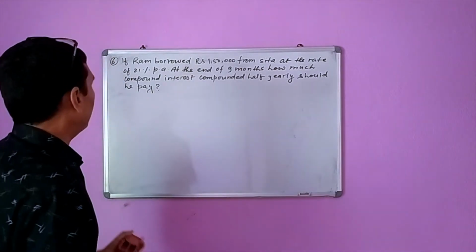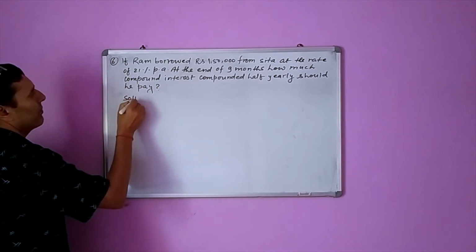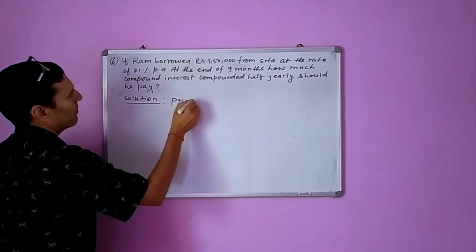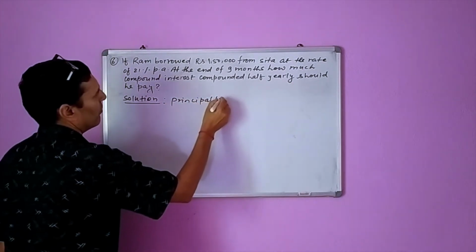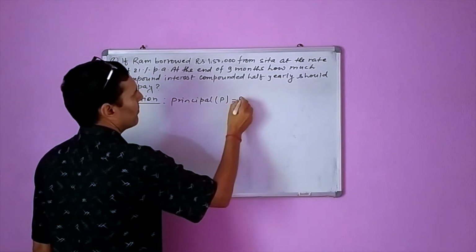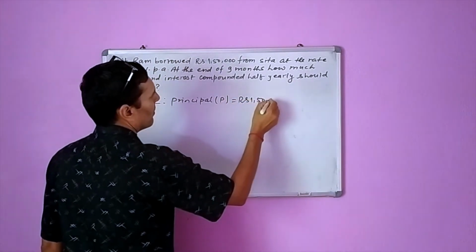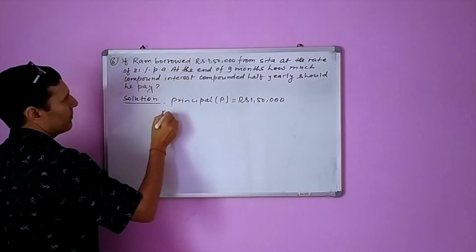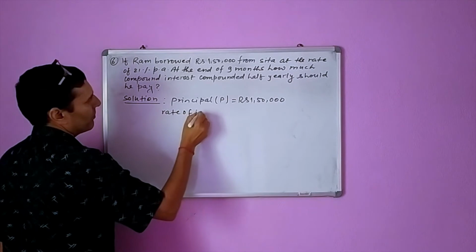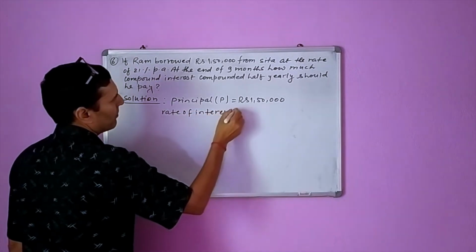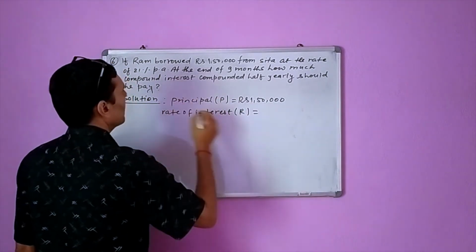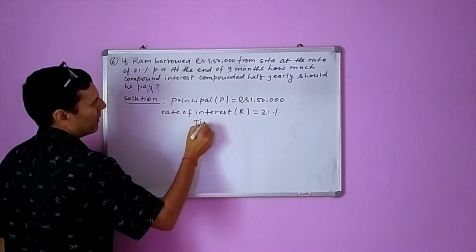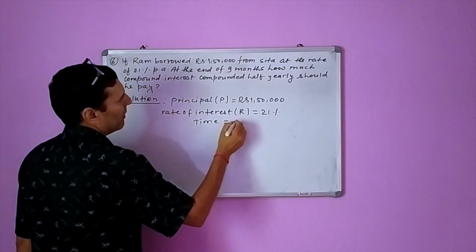So here also we have the principal P is equal to rupees 1,50,000 and rate of interest R is equal to 21% and time is given 9 months.